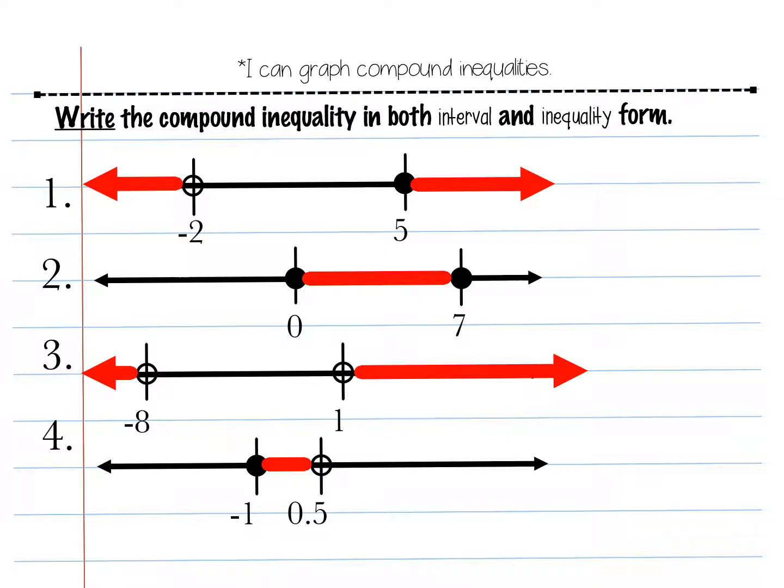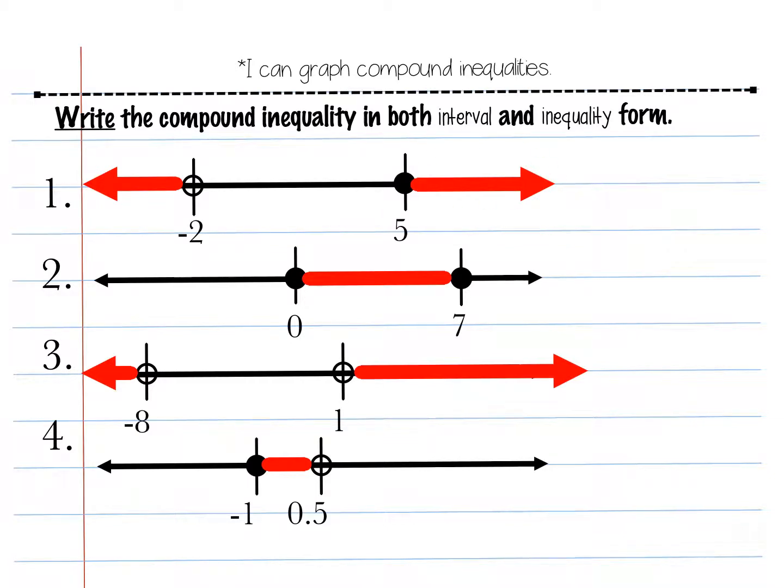So let's look at the graphing piece. When I look at this first example, I see that the solutions are to the left of -2, and I see that they don't include -2 because it's open. But I also see that there's solutions that are to the right of 5, and also include 5. So my solutions are over here or they're over here.